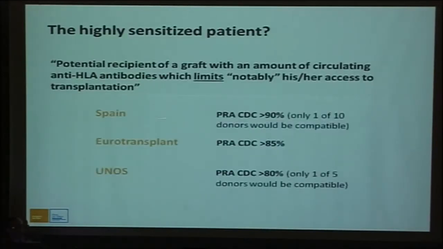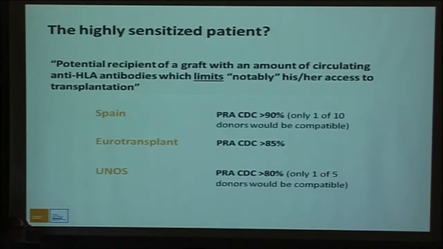In Spain, we agreed many years ago that a PRA CDC of 90 is a very high immunological risk patient, so that only 1 out of 10 donors will be compatible for you if you have a 90% PRA. In the United States, UNOS has put this at 80% to quote a patient as a high immunological risk recipient.